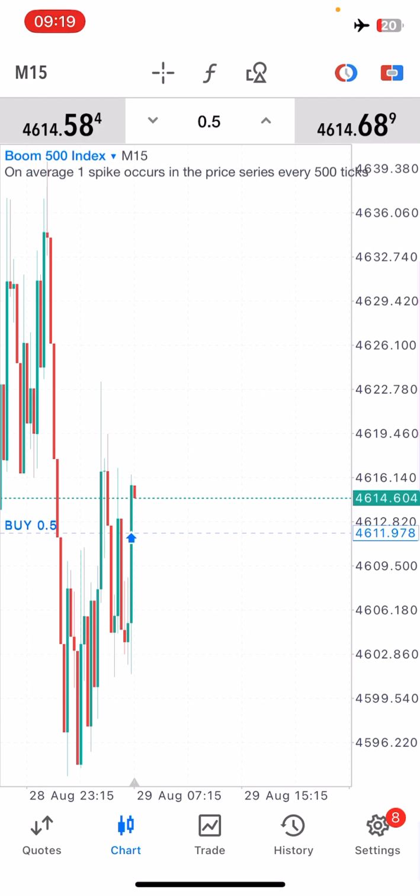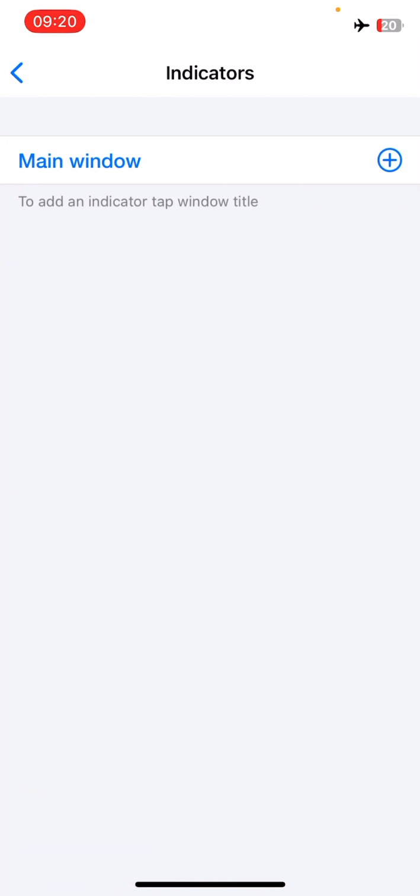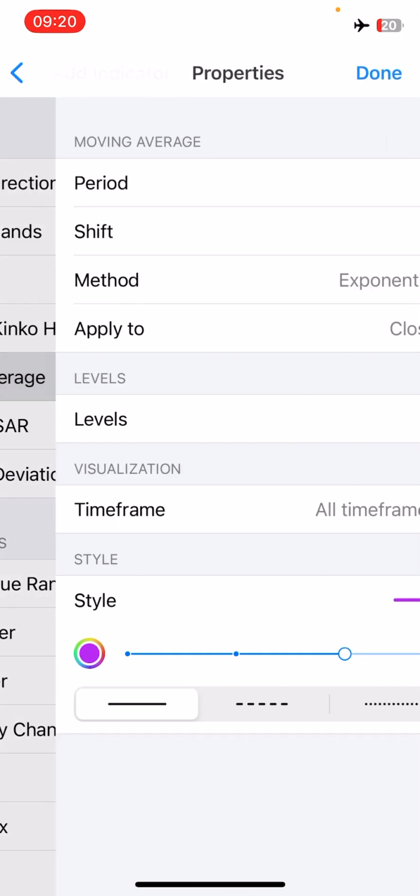Okay, so the first indicator that I want to install, as usual, is going to be a moving average. So I'm going to go to my indicator section, which is right here. I'm going to click on main window, then click on moving average.